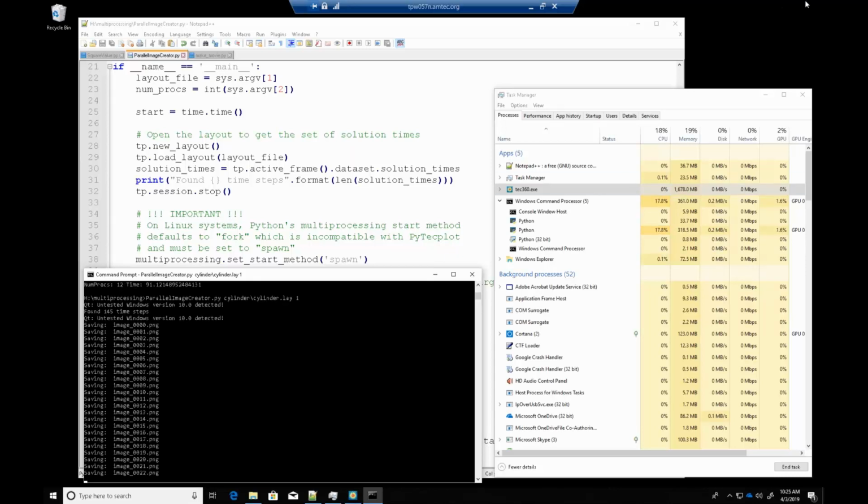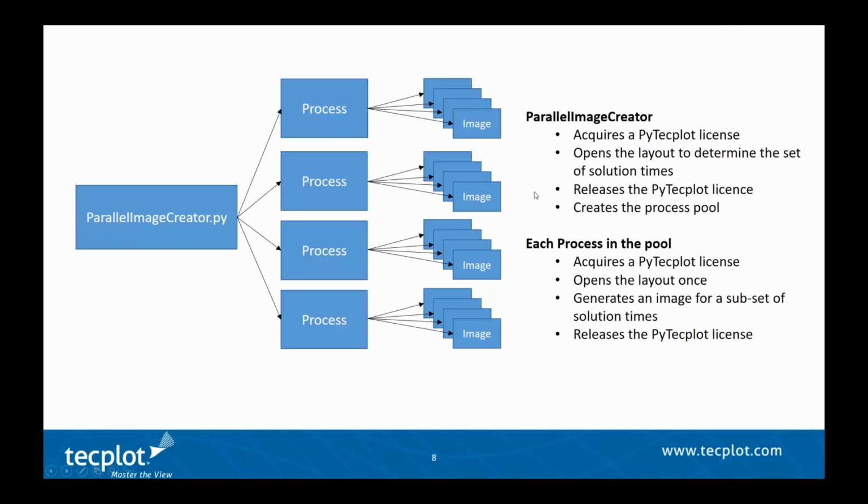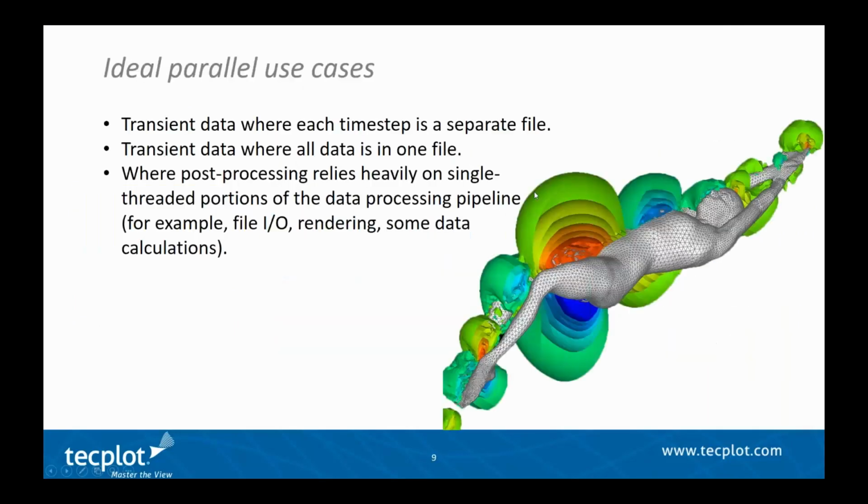Okay, so let's jump back into the PowerPoint, and let's talk about some of the results that we got and some of the ideal parallel use cases. So what we showed here is a transient case, and that's really where this multiprocessing is going to be really helpful. Now, we have had some users take advantage of this for other items like extracting a lot of lines from a steady state solution.